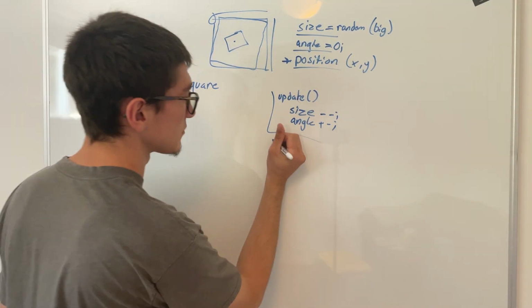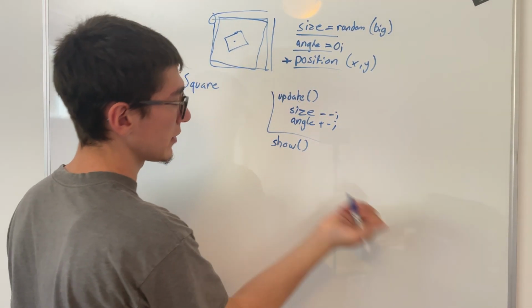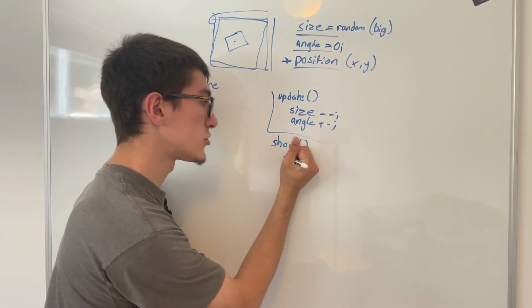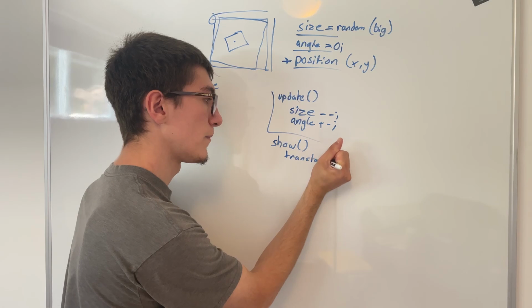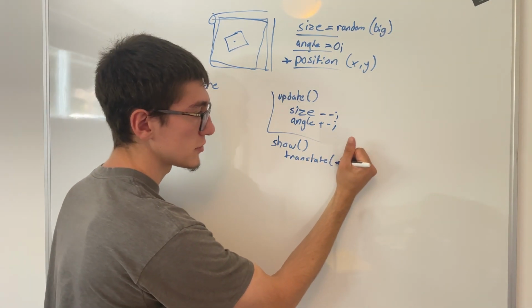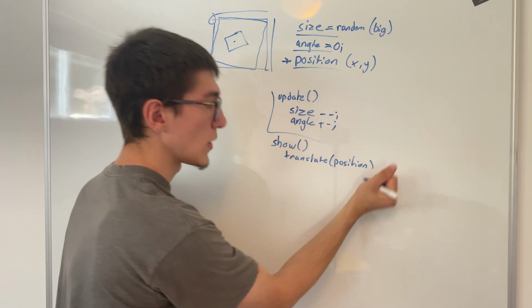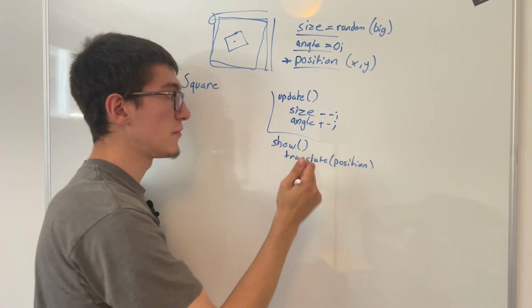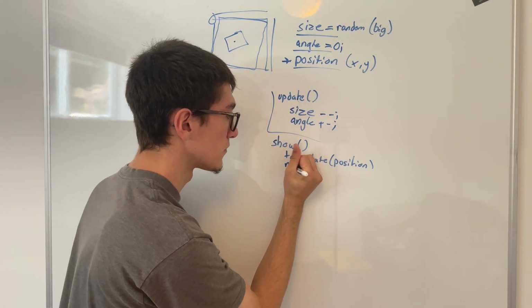Then we should have some kind of show or draw function for that square. So I was thinking we would translate to that position, to the square position. After translating, we want to rotate by that angle.